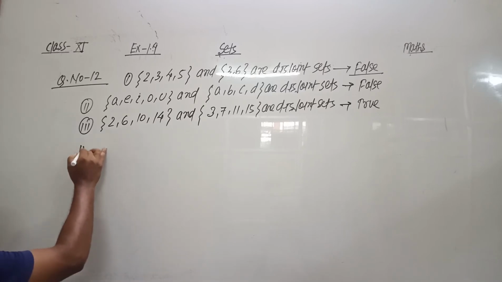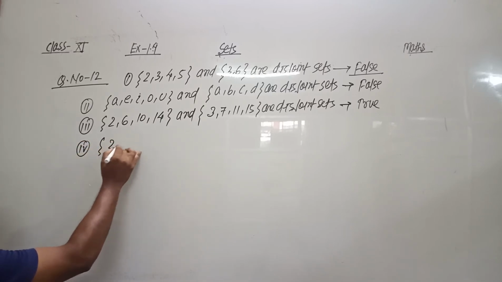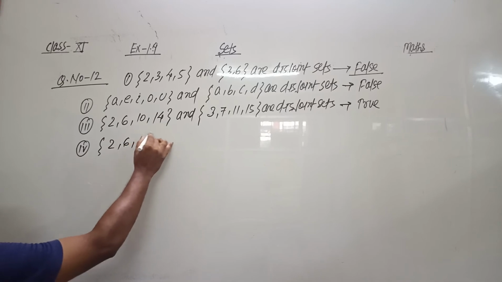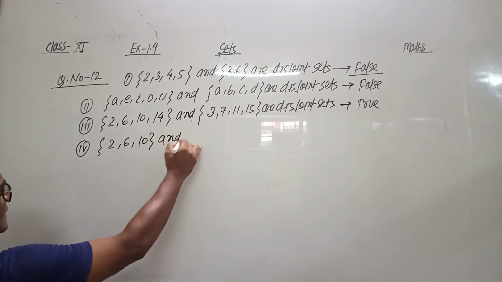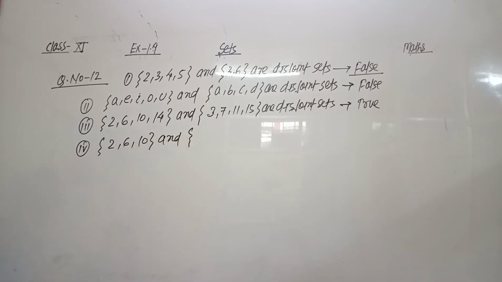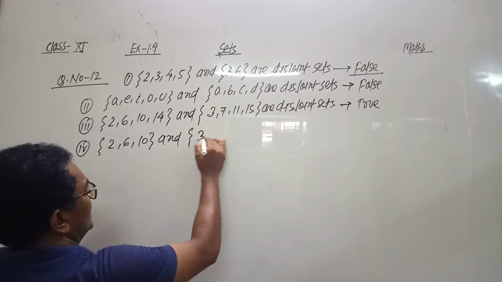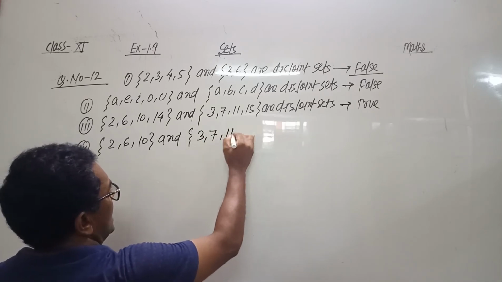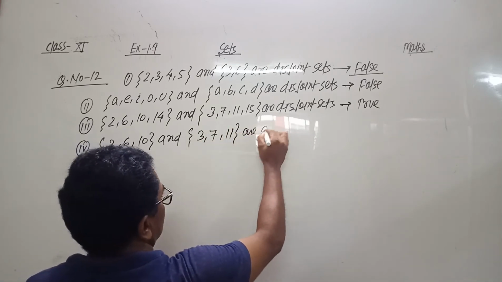Then {2, 6, 10} and another set {3, 7, 11} are disjoint sets.